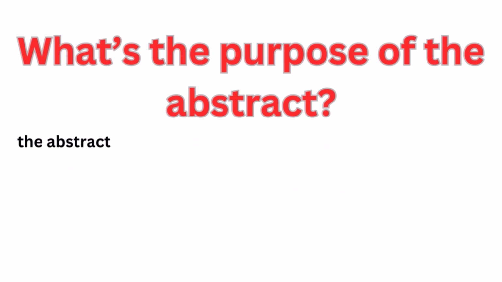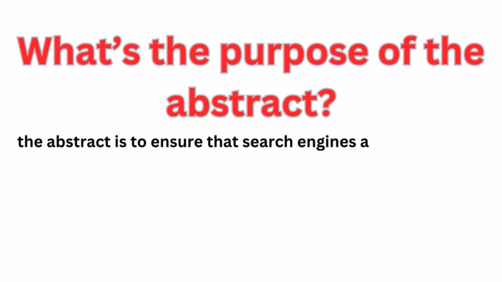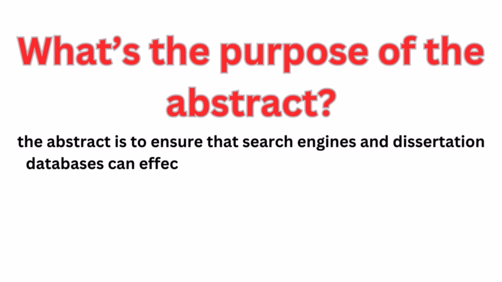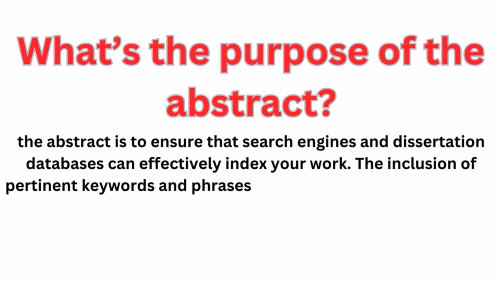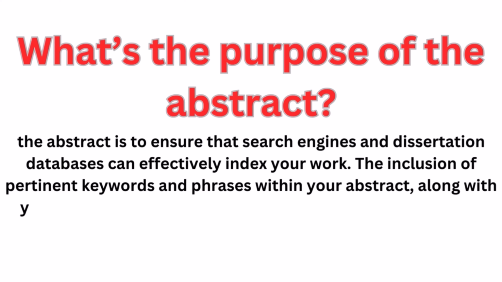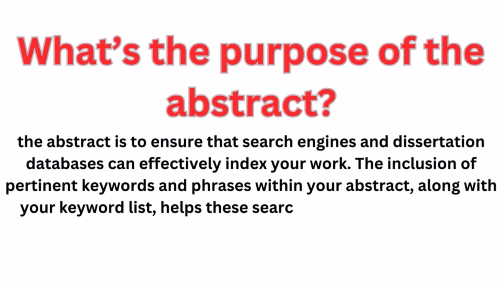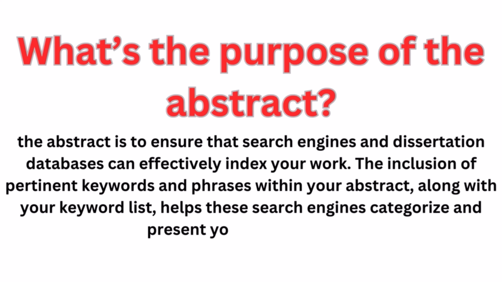The second objective of the abstract is to ensure that search engines and dissertation databases can effectively index your work. The inclusion of pertinent keywords and phrases within your abstract, along with your keyword list, helps these search engines categorize and present your work to users.